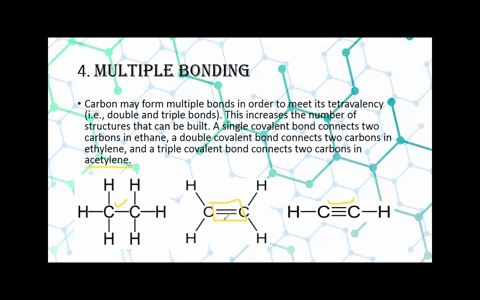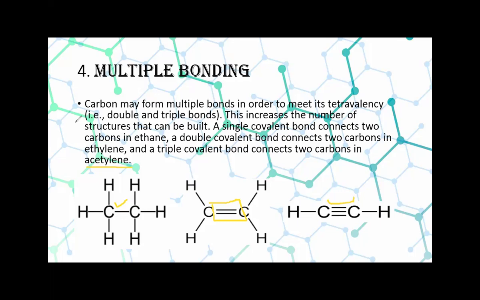The single bond is seen in ethane, the double bond in ethylene, and in acetylene we see the triple bond between the carbon atoms. So these are the properties we have discussed: first catenation, second isomerism, third carbon's covalent bond strength, and fourth multiple bonding.